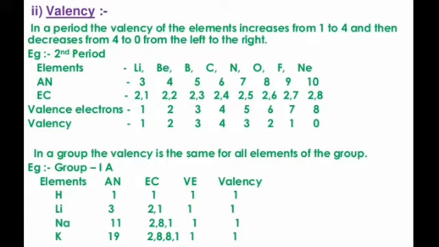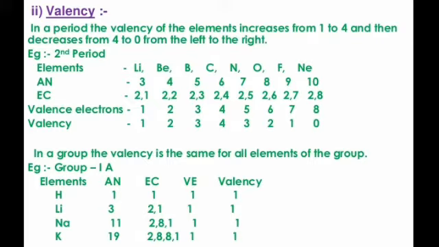For example, in lithium, beryllium, boron, carbon, nitrogen, oxygen, fluorine and neon, the valence electrons are for lithium 1, beryllium 2, boron 3, carbon 4, nitrogen 5, oxygen 6, fluorine 7, neon 8, but their valency increases from lithium to carbon and then from carbon to neon it decreases.